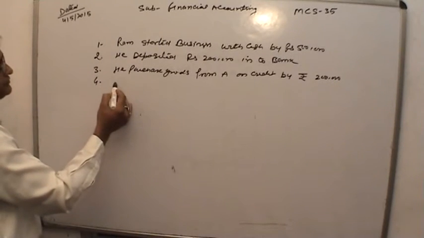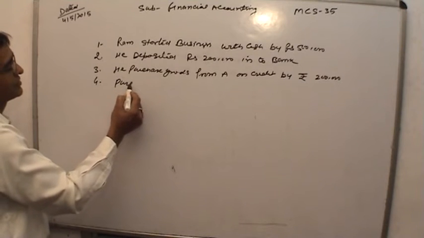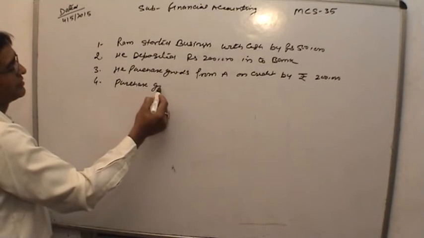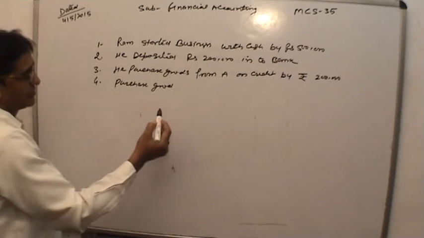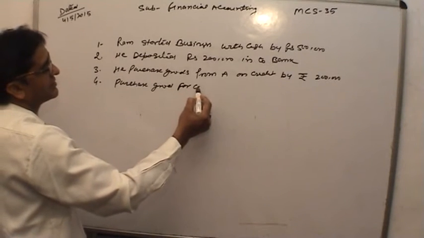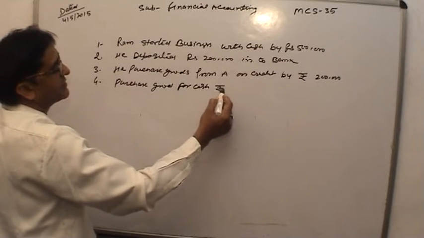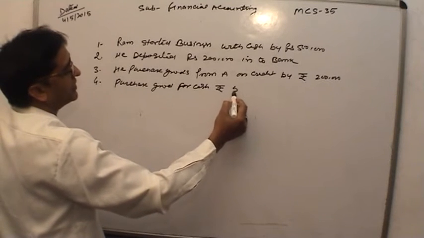Then 4, purchase goods for cash rupees 50,000.